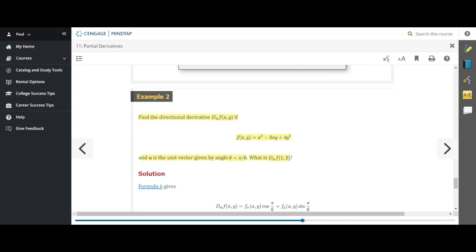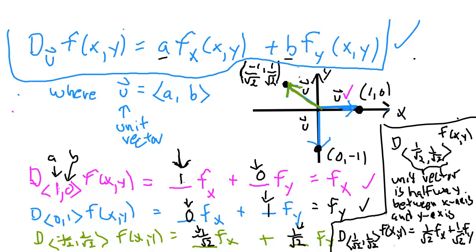I believe that would be equal to 0. Let me see, is 1 cubed minus 3 times 1 times 2 plus 4 times 1 squared? Hold on, I'm going to compute it here. What I'm trying to say is this. We're looking at this example 2.